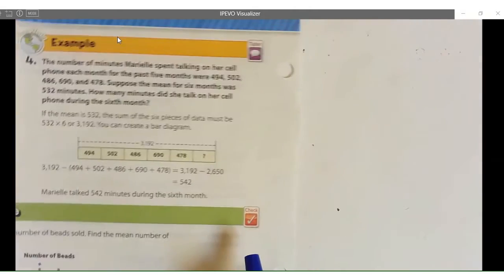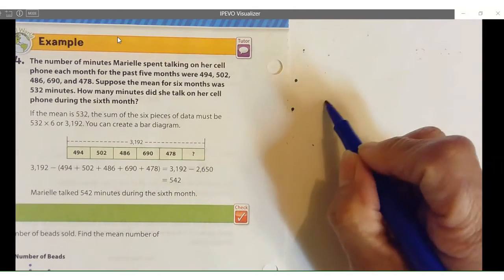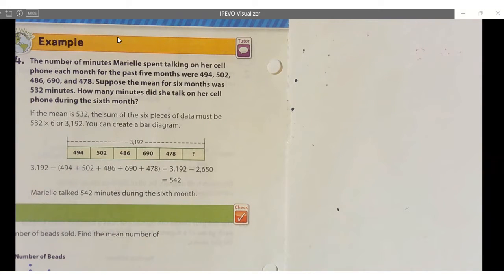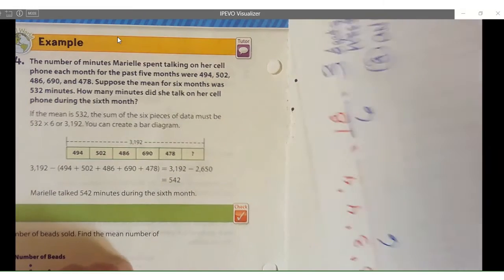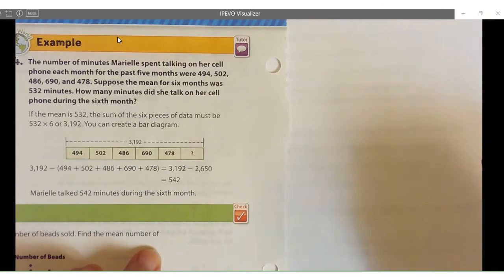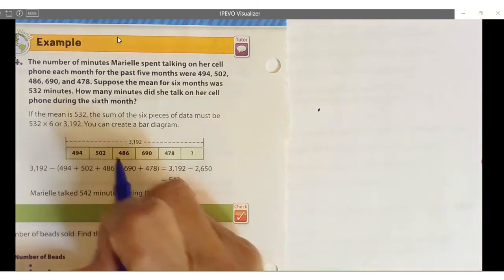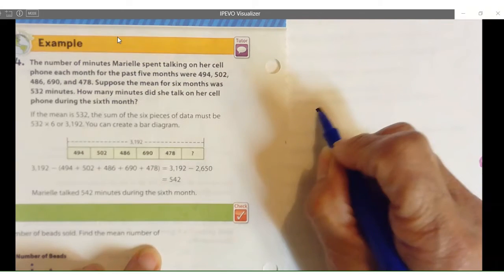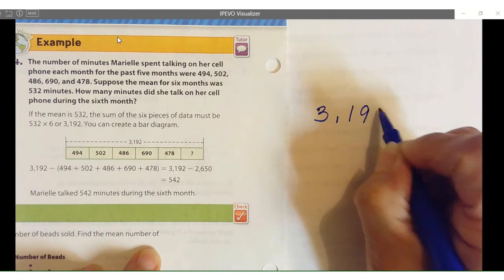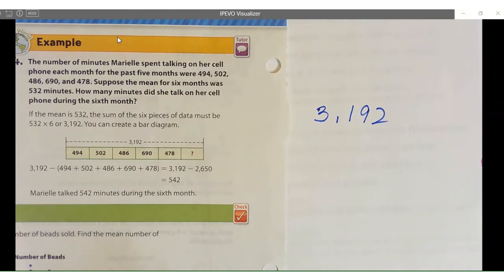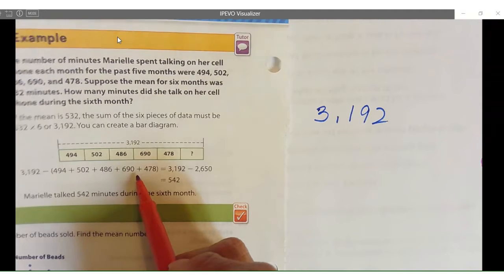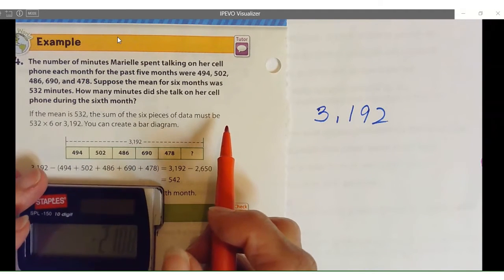So when you do that, even though they've done it for you, I'll show you. Let me grab another piece of paper here. You take the 3,192, which they have right up here, and you subtract the total number you got for this data set. So you're going to total those. Make sure you total them and have the right answer.